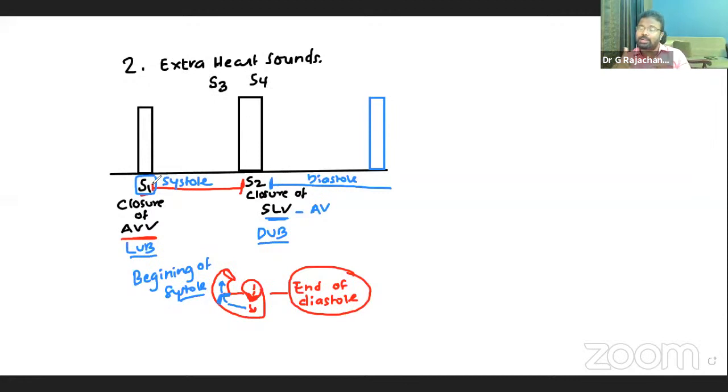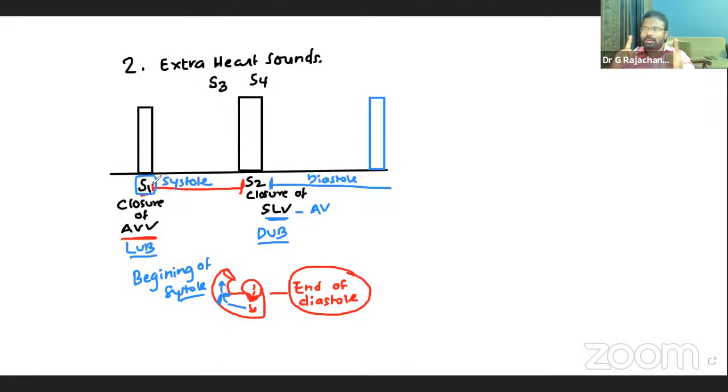Another simple way to understand whether it is a systolic murmur or diastolic murmur is, when you hear the abnormal sound, just remember this one, boof, like that. There is a blowing sound, and simultaneously you get the pulse also. Boof, boof, boof. That means when you are able to feel the pulse, at the same time you are able to hear the murmur also.